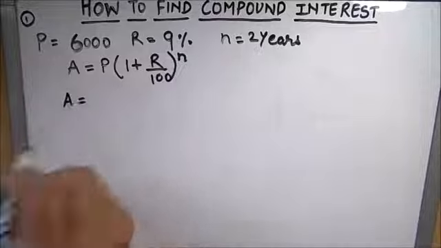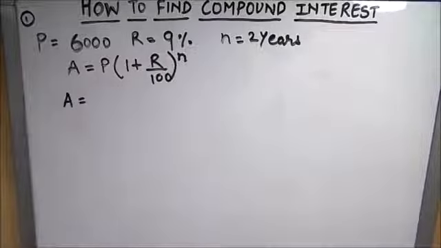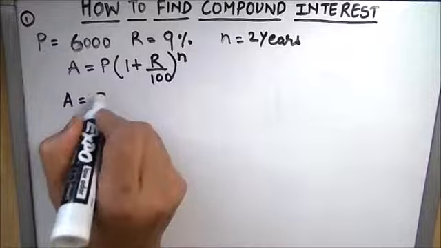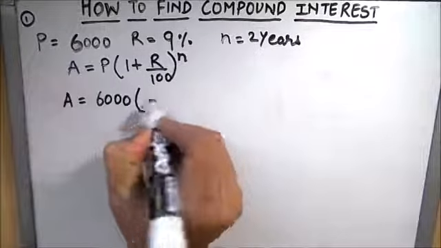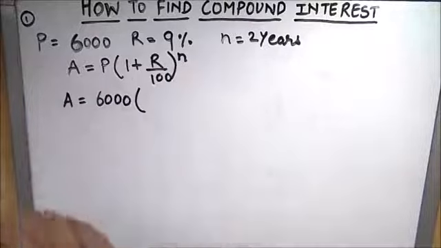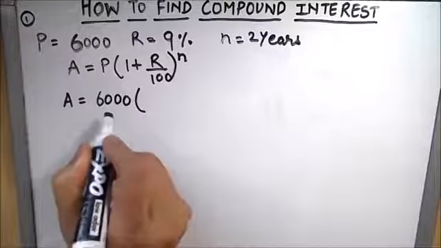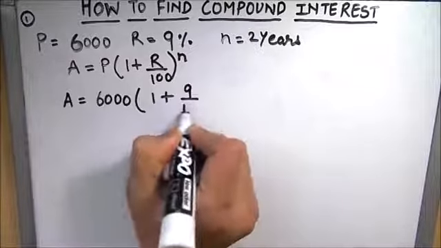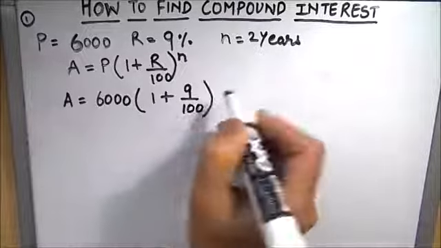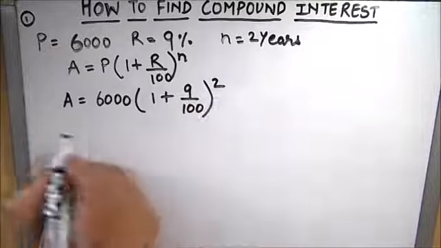And after finding the amount, we can find the compound interest using the formula compound interest is equal to amount minus principal. So our principal is 6,000 rupees. So P is 6,000. Now we'll put the values in the formula. So P is 6,000, 1 plus 9 over 100 raised to power 2.